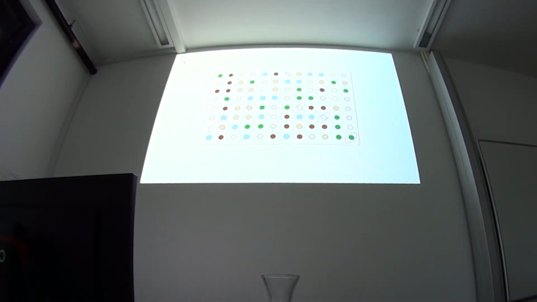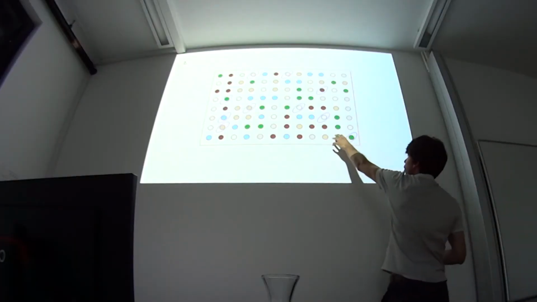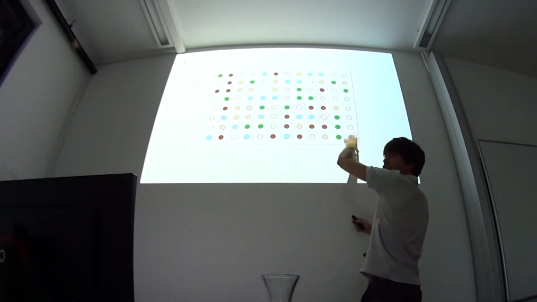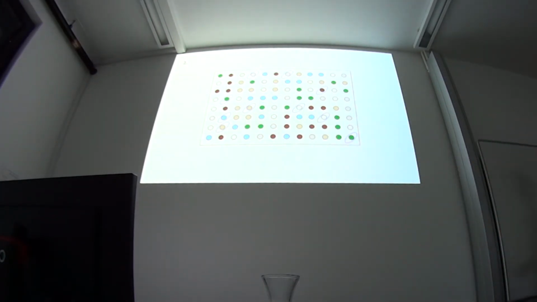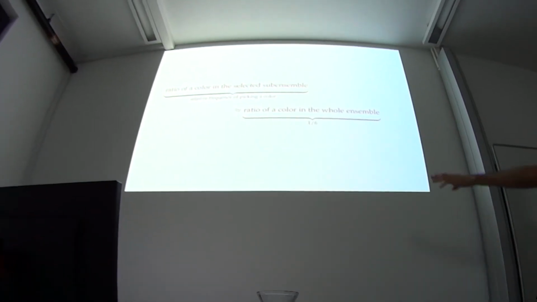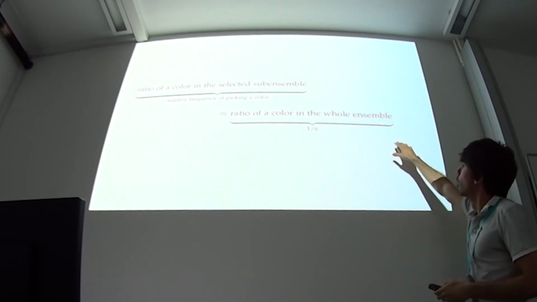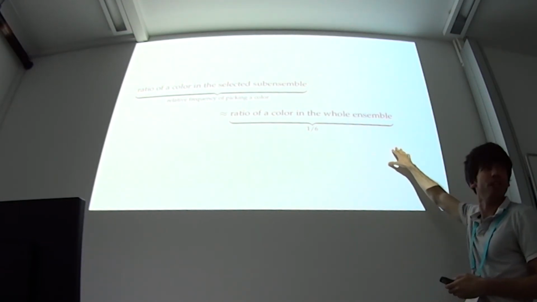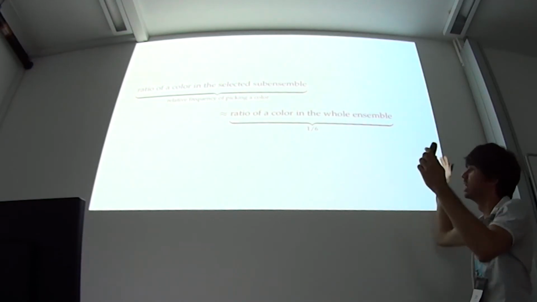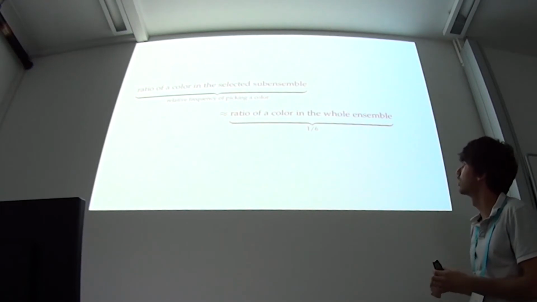Well, that means that due to the common cause principle, there can be no statistical correlation between the distribution of the color properties and this selectiveness property, right? So statistical independence means that the ratio of a certain color in the selected subensemble must be approximately the same as the ratio of a color property within the whole ensemble of balls, right? That's just what statistical independence means.